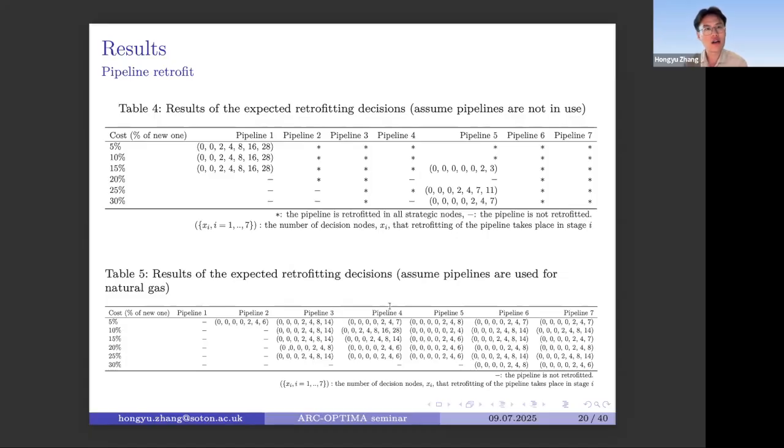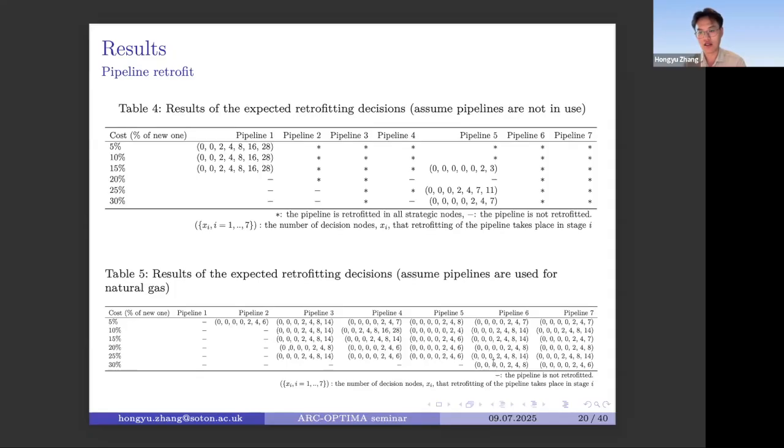And then in the other case, where the assumption is that the pipelines are indeed used to transfer gas, as you can see, the retrofitting decisions are taken in the very late stages.